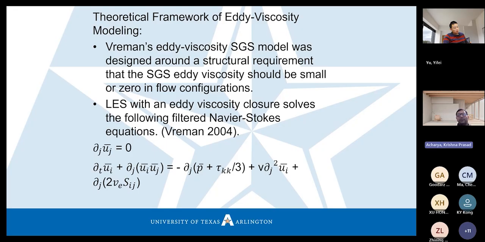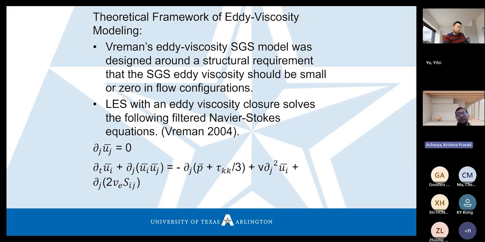Theoretical framework of eddy viscosity modeling. Vreman's eddy viscosity SGS model was designed around a structural requirement that the SGS eddy viscosity should be small or zero in laminar flow configurations.